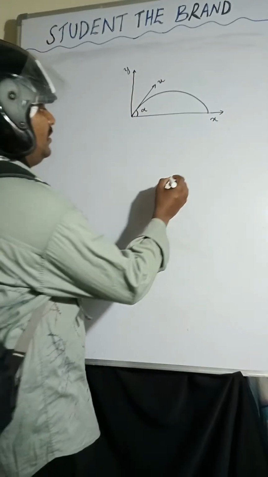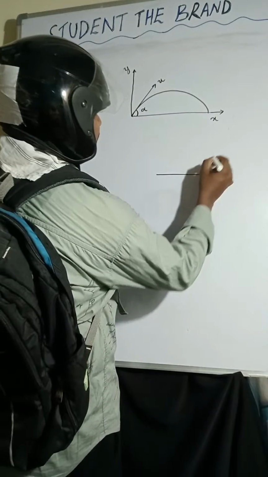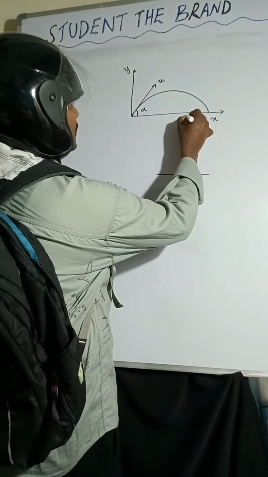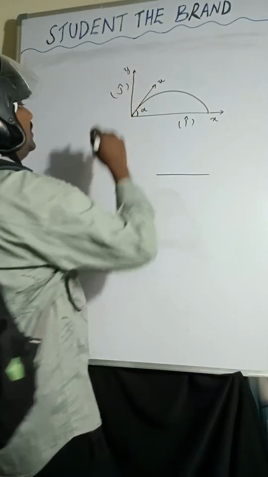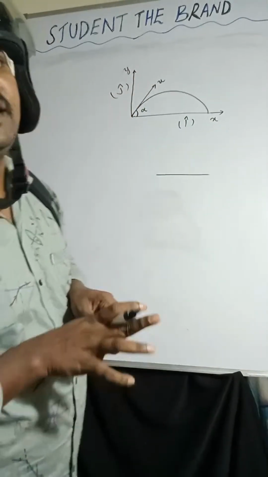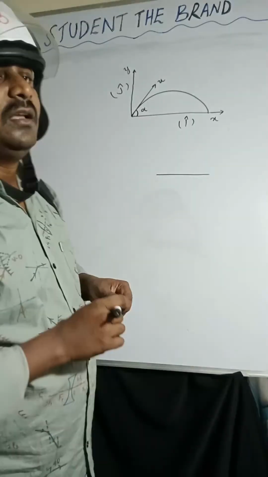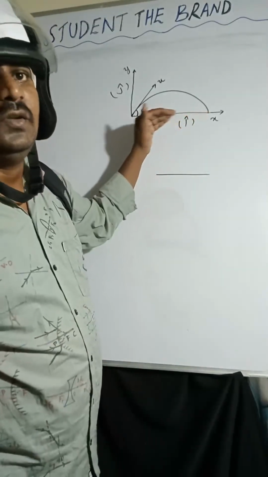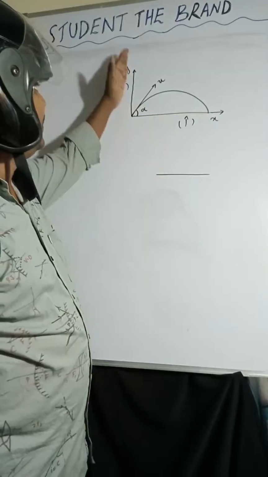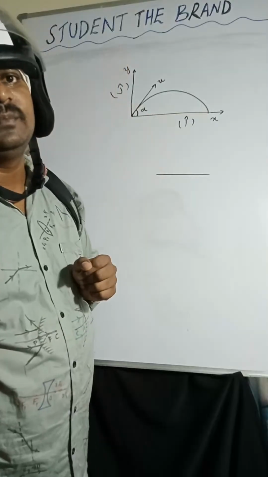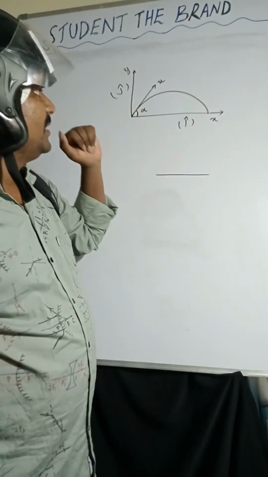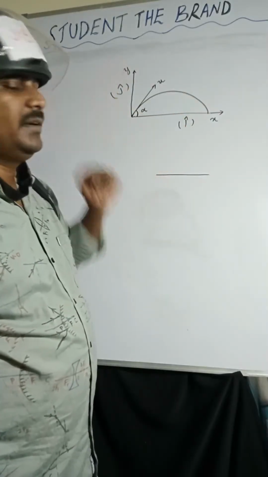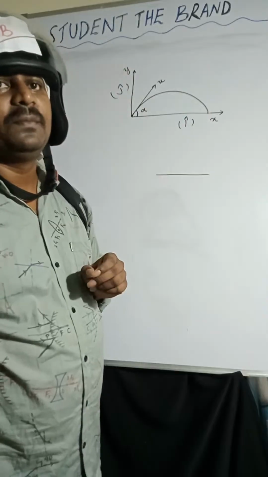If you resolve the components, along the x-axis the unit vector is i cap, along the y-axis the unit vector is j cap. Be careful, listen carefully here.